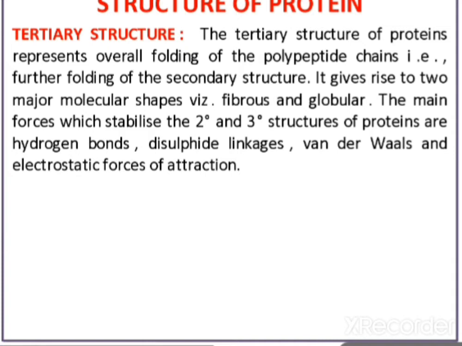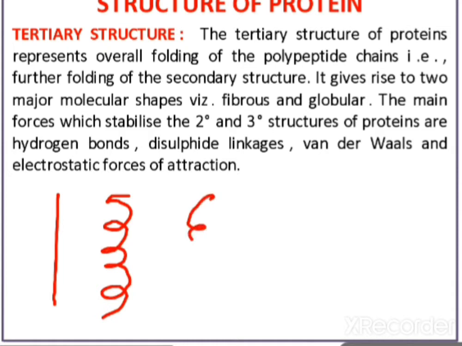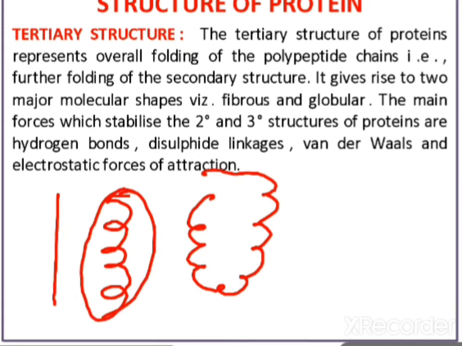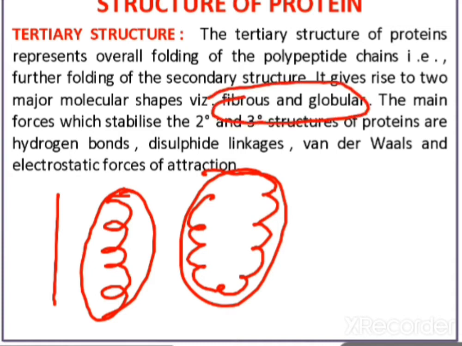So what is tertiary structure? This is the primary structure. This is the secondary structure. And for the tertiary structure, you just coil this one. This is the tertiary structure. What we are doing here is making this coil much more complicated. We are folding this coil again and again and again to give a particular shape. That shape is fibrous or globular.